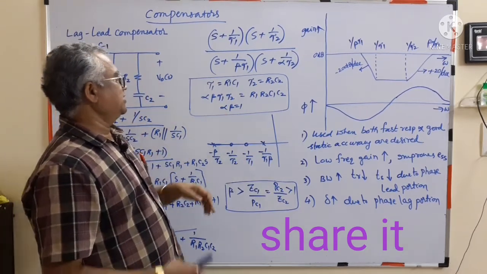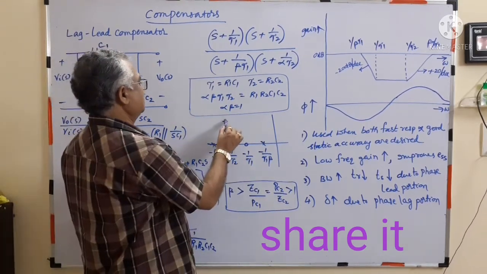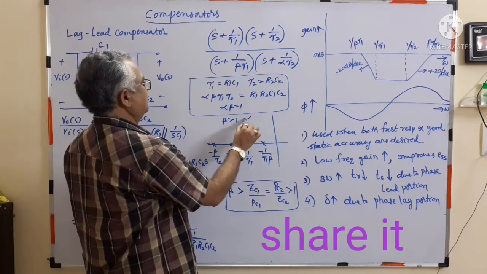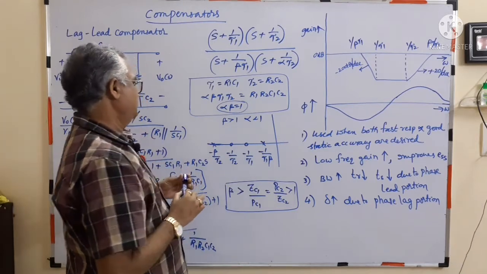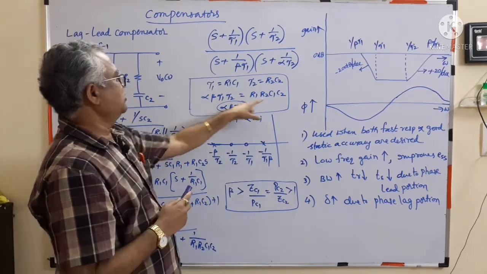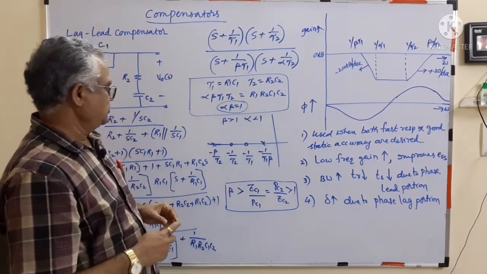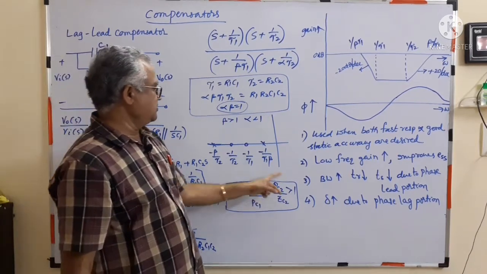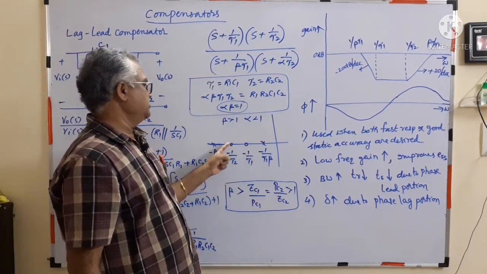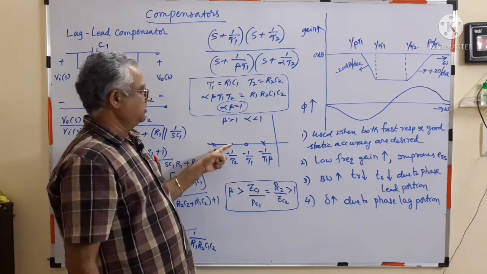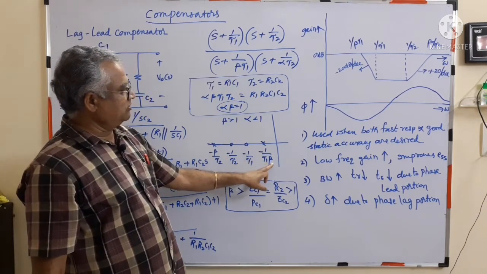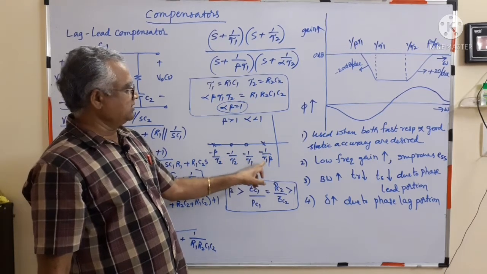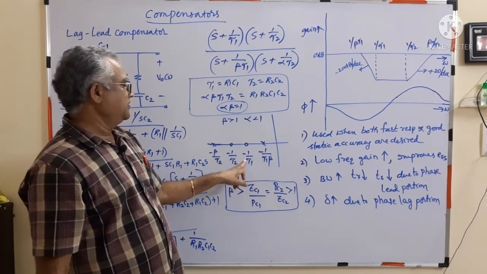When beta is greater than 1, alpha is less than 1, but alpha beta is 1 based on this condition. So under this, this will be more than this. Here 1 by beta is less than 1, so this should be less than this.